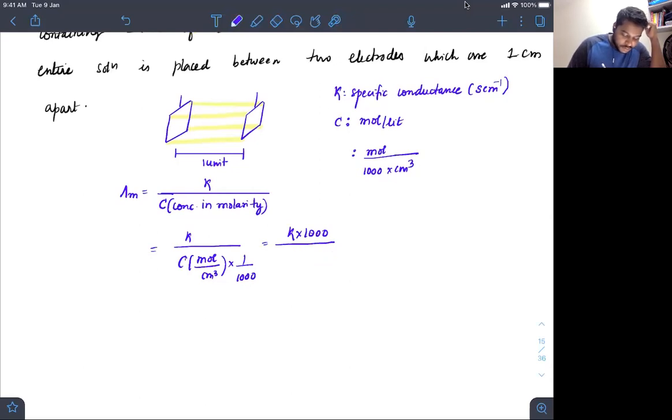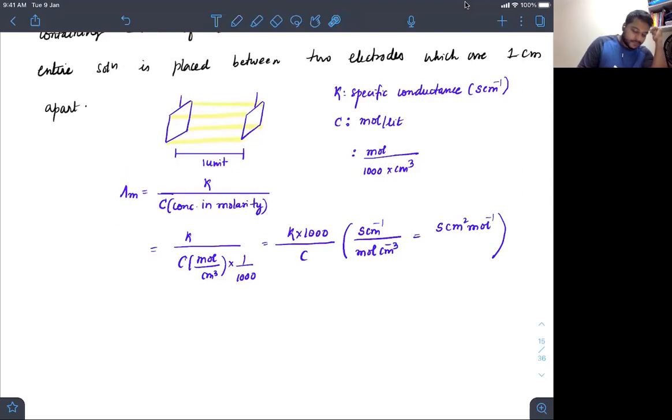Now if you see the units here, they are Siemens centimeter inverse divided by mole per centimeter cube, which will be equal to Siemens centimeter square per mole. These are the units of molar conductance. So this is now molar conductance.